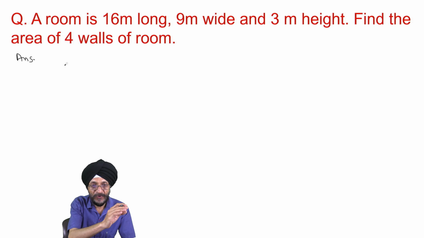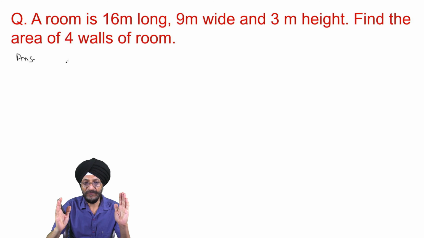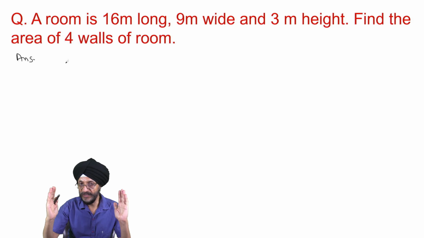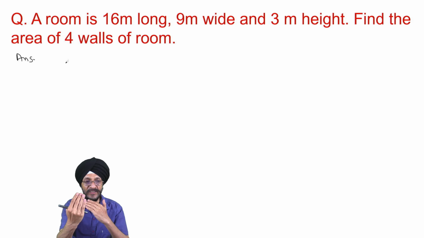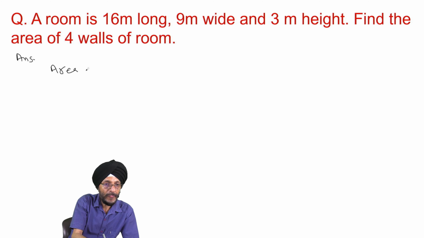Since the room before you is rectangular, we have two pairs of identical walls. One is these opposite sides and the other is these two which are on opposite sides. So first we will find out the area of the first wall, two identical walls.